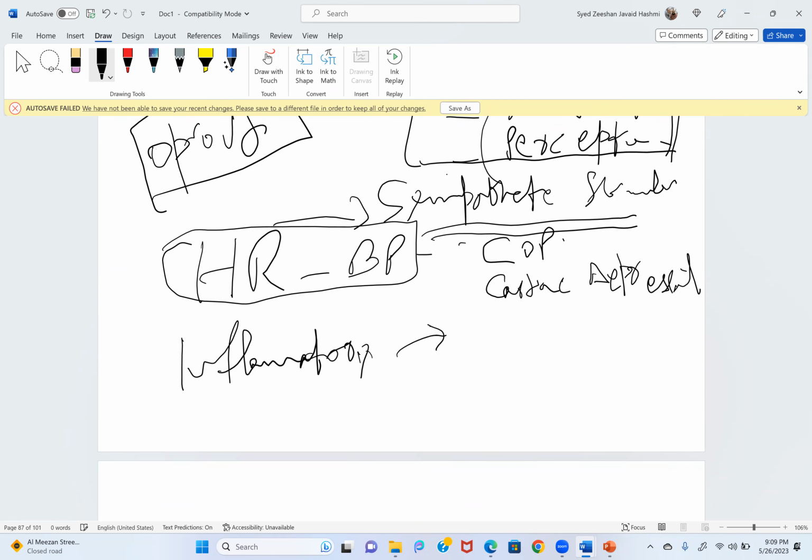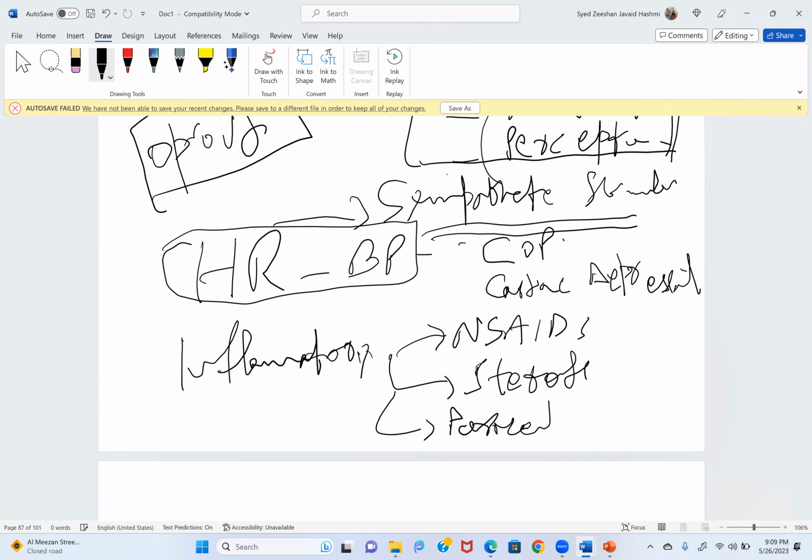For anti-inflammatory effect, you need NSAIDs and steroids. Paracetamol does not have much effect on inflammation, but it modifies the response to inflammation by having effect on perception. So these are the medications we should be using.